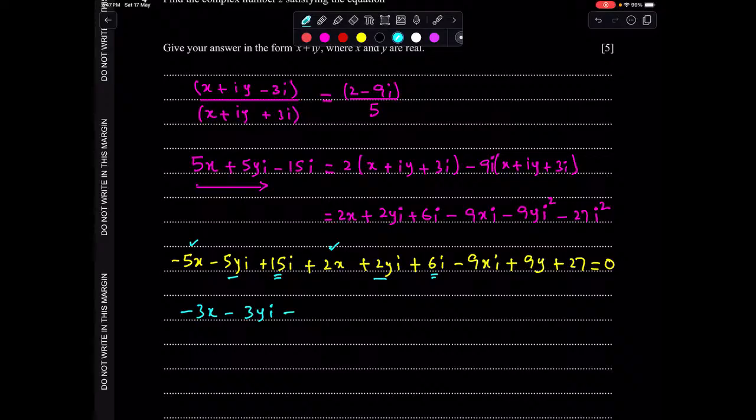This will become 21i. Next, copy this minus 9xi, copy 9y and copy 27.